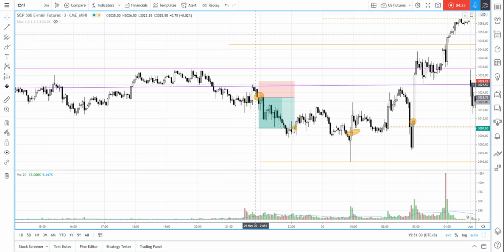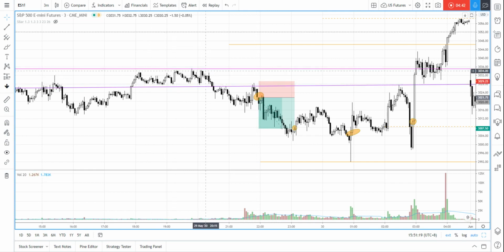So this is where I lean my trades against this little structure here, because the overall picture is very near to the resistance zone where I initially marked up from 3030 to 3035, and this is the localized structure where I lean to.